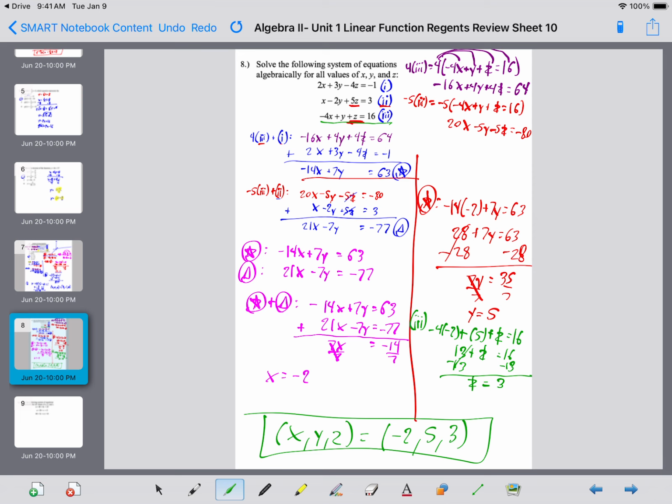Okay. A way you could check your work, you could just try plugging into more than one equation and see that those are, in fact, points of intersection. You have to make each equation work. Okay. So I think that's good enough for the Unit 1 review.